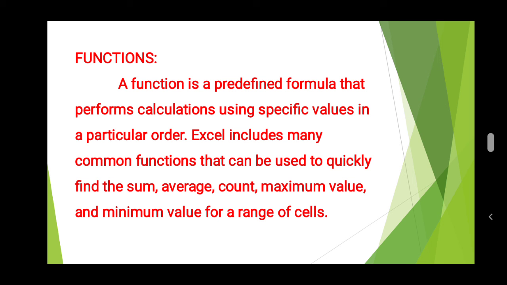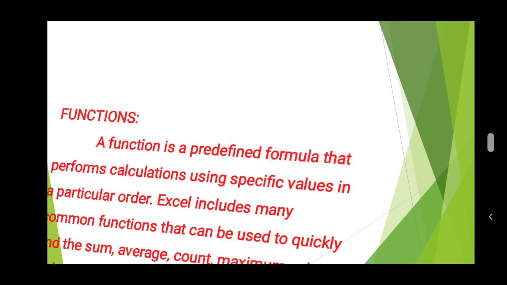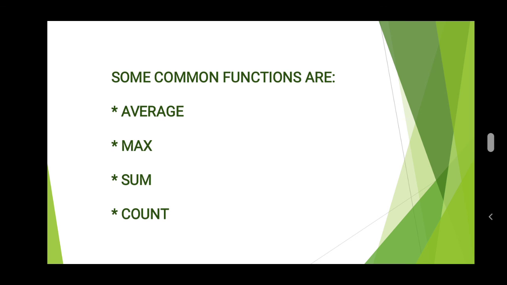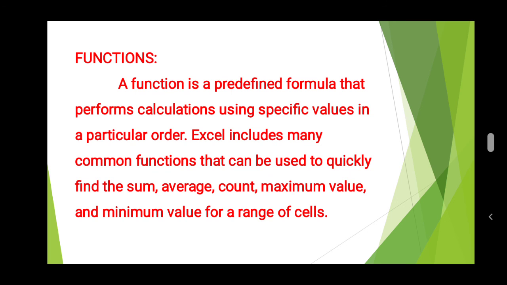Some of the common functions that I have mentioned in our lesson are average, max, that is maximum value, sum and count. We have so many functions inside our spreadsheet that we are going to use along with the formulas. A function is used to define the formulas that are applied in the given worksheet.